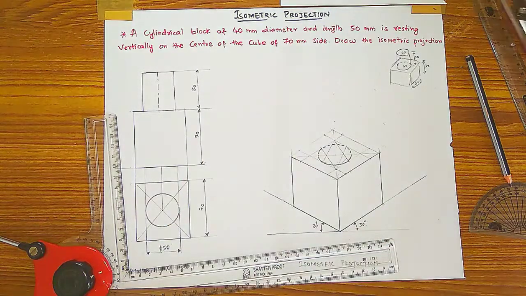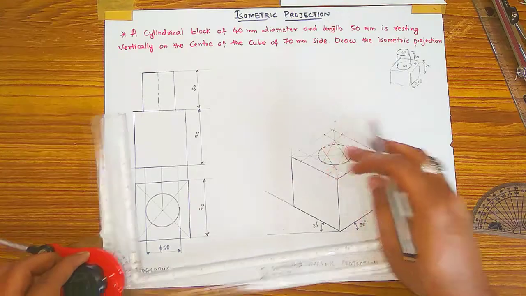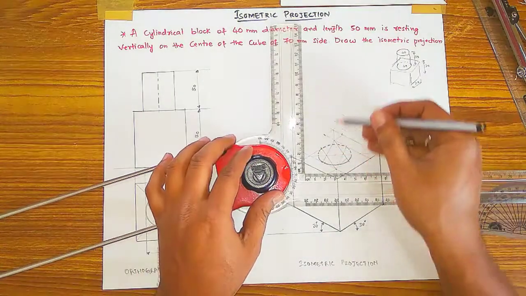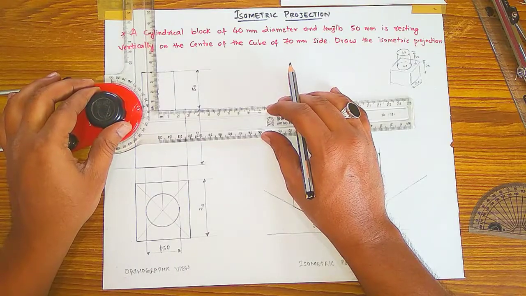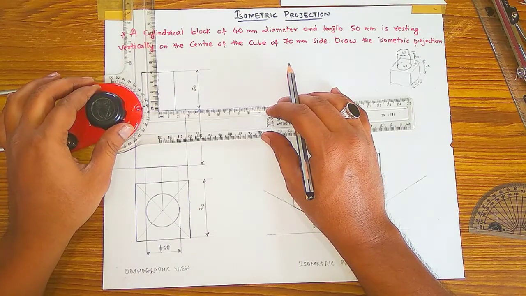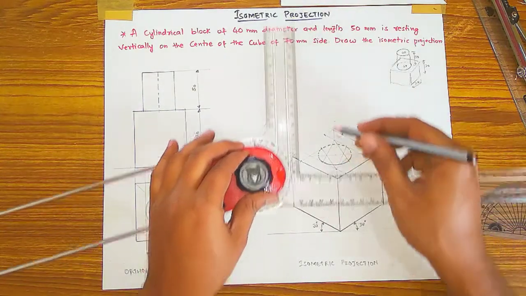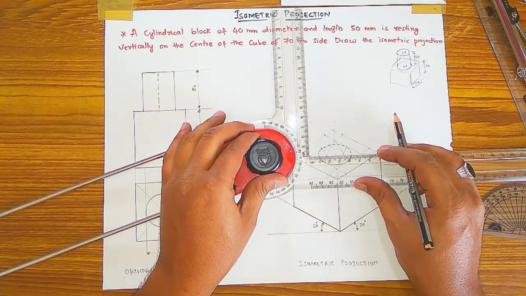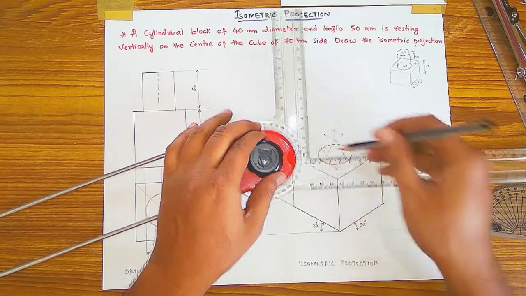Use 4 center method. By that method you have drawn the cylinder bottom section. So active side is how much? 50 mm. So the 50 mm active side, I am getting 40 mm. So from here only I will take from the rhombus 40 mm exactly. I will get another rhombus of the top section of the cylinder.